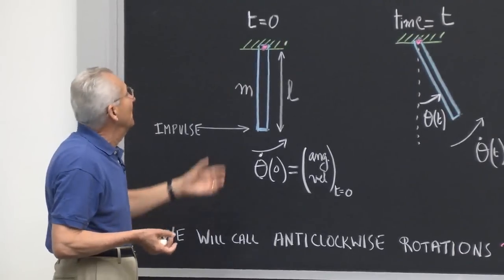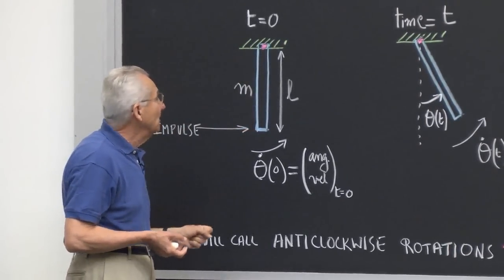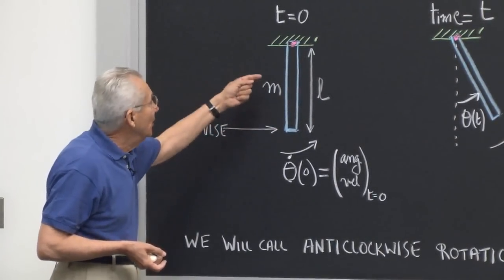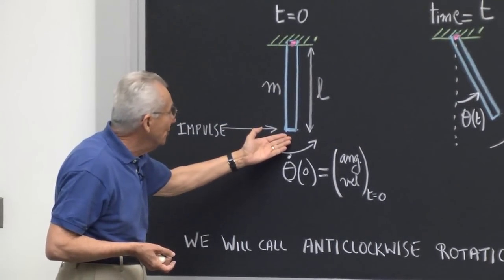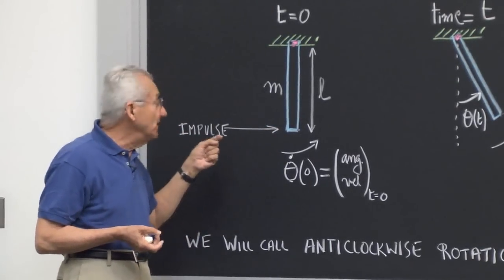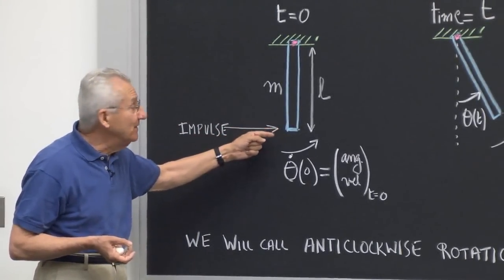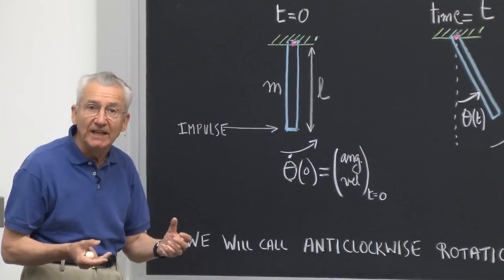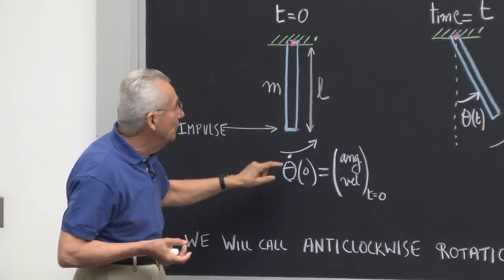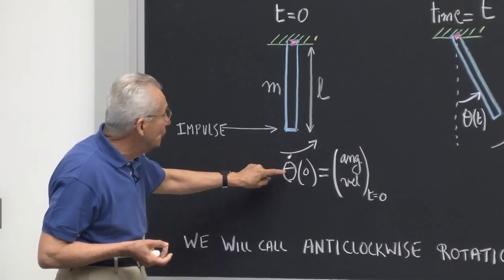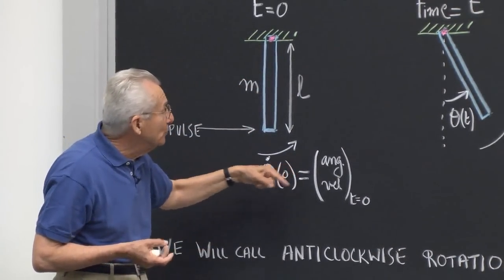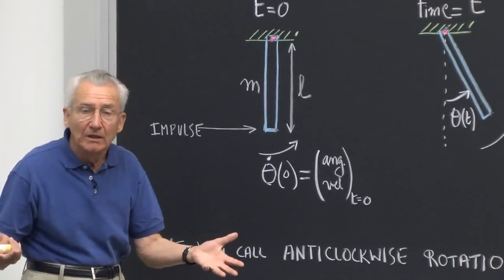And initially, it's just suspended like this, so at time equals 0, this is the position, and at that instant, we hit the bottom. There's an impulse acting on it, and that impulse instantaneously gives an angular velocity to this rod, which is, of course, the rate of change of the angle, and we assume it has some number, all right?